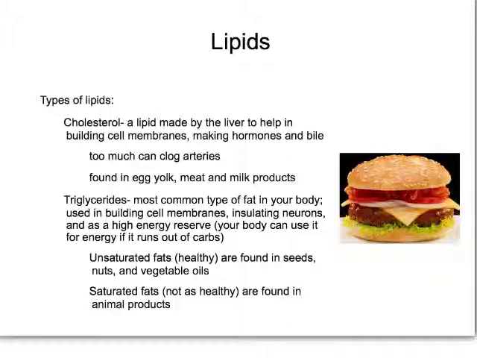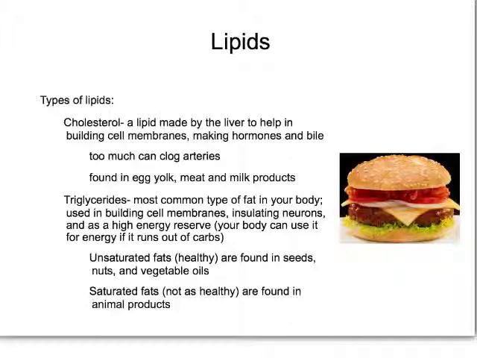The other type of lipid is the triglycerides. It's the most common type of fat in your body. And it's used, again, in making cell membranes and insulating neurons. So it's very important for your brain to have these triglycerides. And it can be used as a high energy reserve.